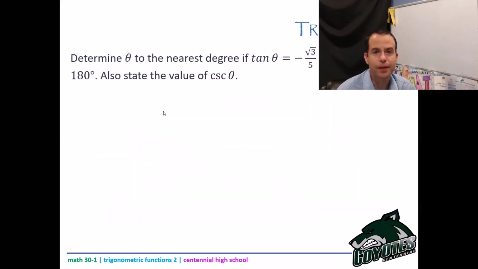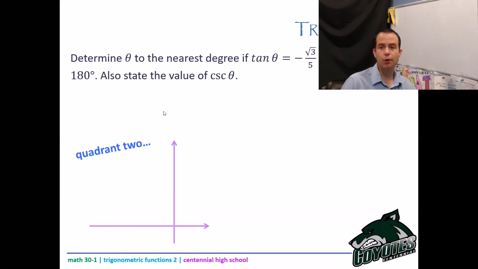All right. Determine theta to the nearest degree if tan of theta is negative root 3 over 5, for theta between 0 and 180 degrees. Also state the value of cosecant of theta. So we're in quadrant 2.